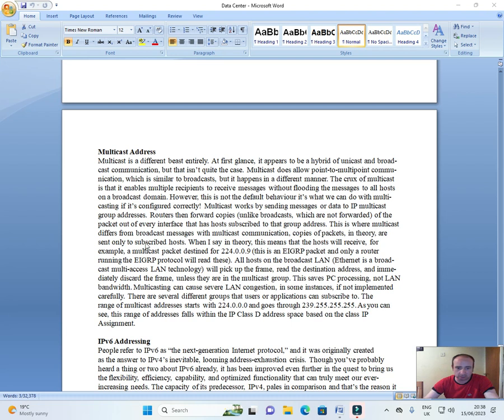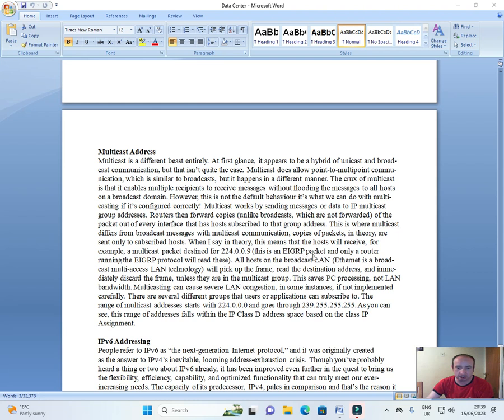This is where multicast differs from broadcast messages. With multicast communication, copies of packets in theory are sent only to subscribed hosts. When I say in theory, this means that all hosts will receive, for example, a multicast packet defined for 224.0.0.9.